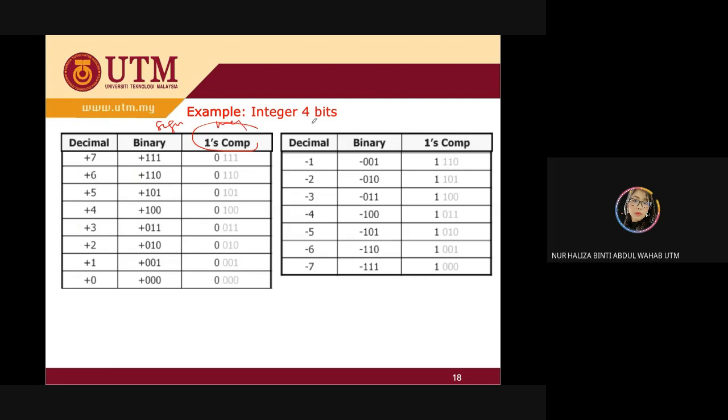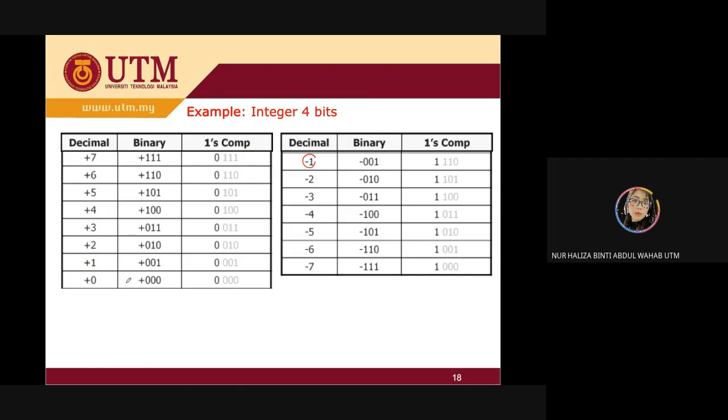Now we have the first complement. Nothing is different for the positive side because we just keep it as sign magnitude. It is similar. But when we go for a negative value, let's try to change.